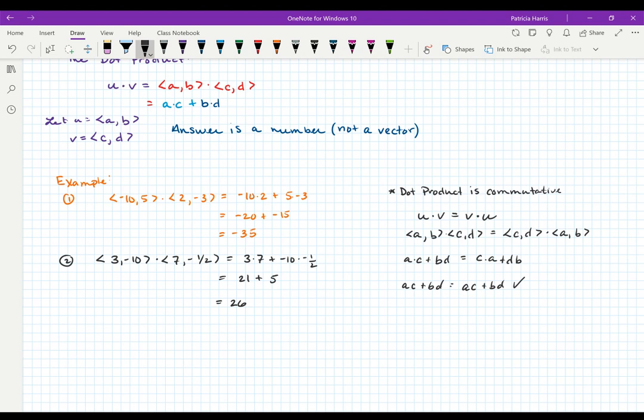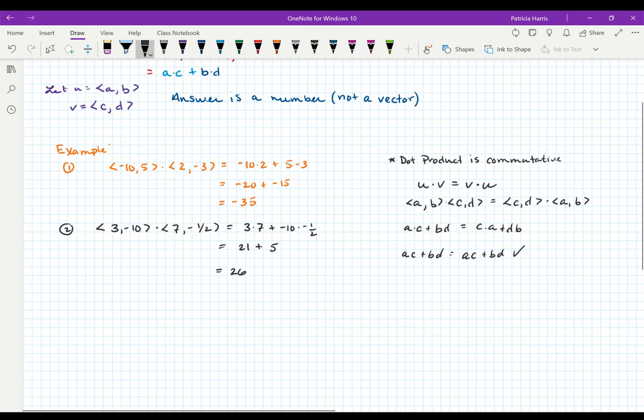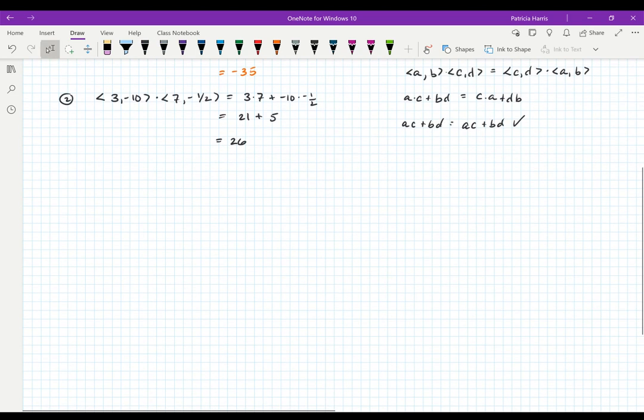Okay, so what is this used for? It's used for a couple of things.